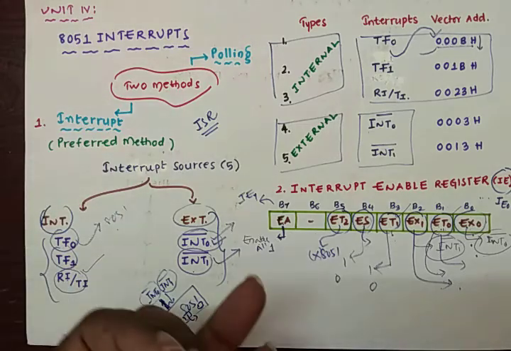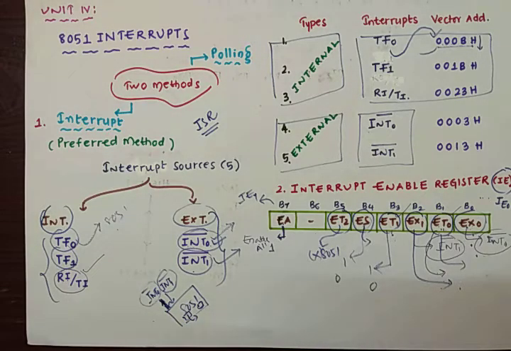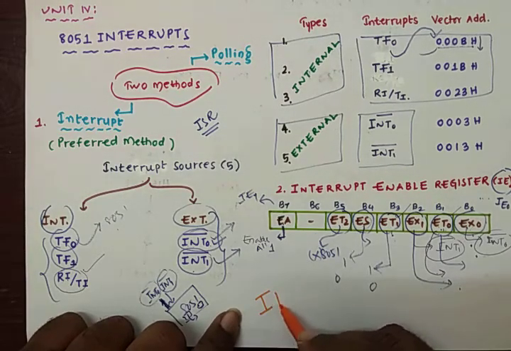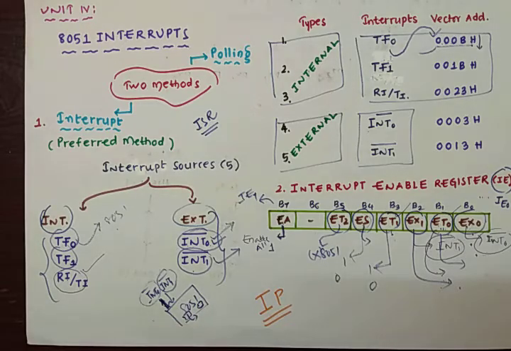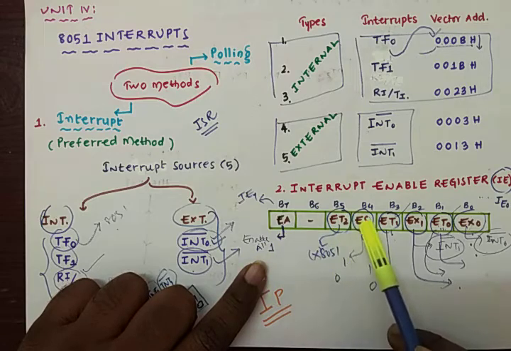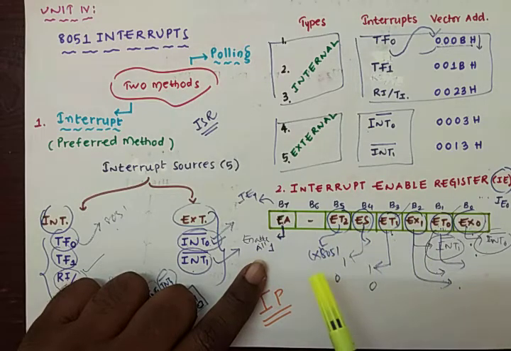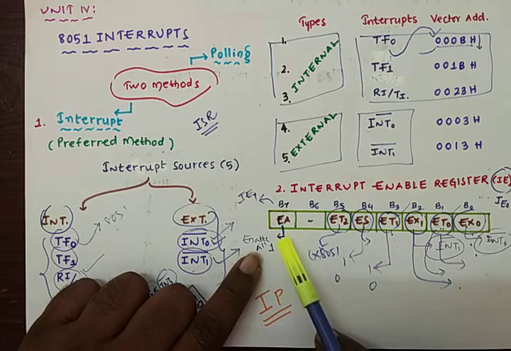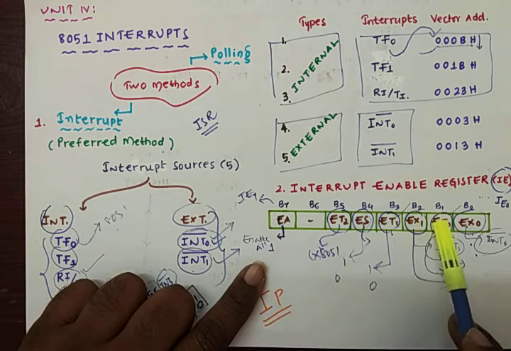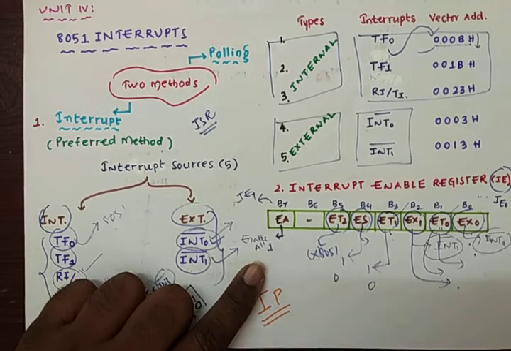Now I am going to talk about the interrupt priority register, which is denoted with IP. Then what is the necessity of the interrupt priority register? Because by enabling enable all to 1, all the interrupts are going to be enabled.